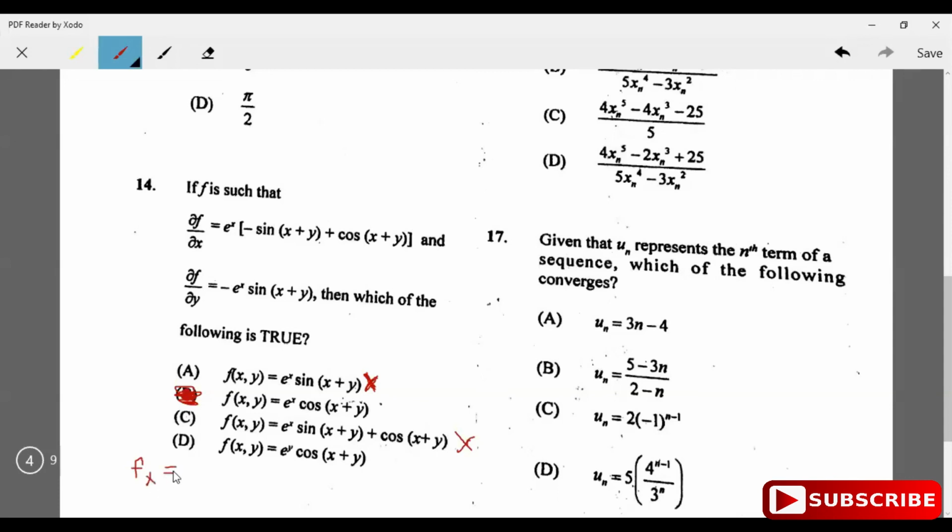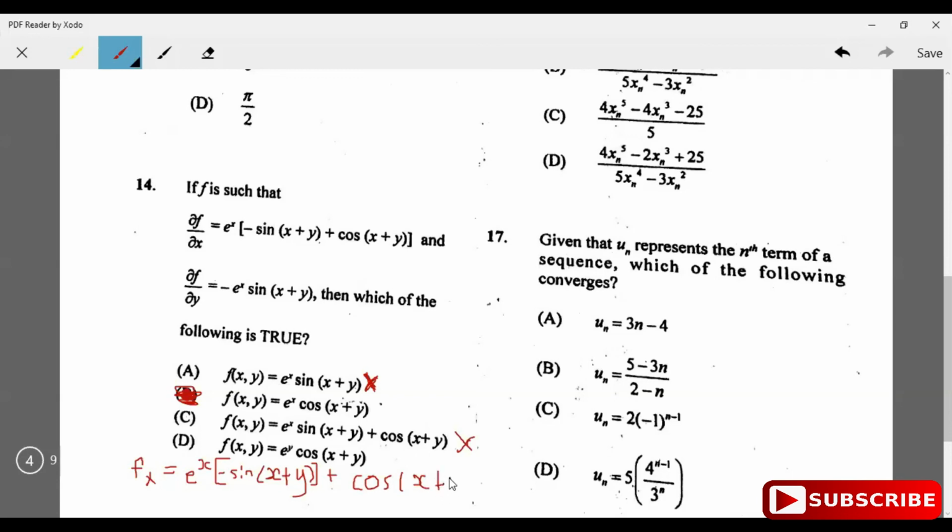Fx would be equal to, keep the first, which is e to the x, differentiate the second: we differentiate cosine, we get minus sine of x plus y, plus we keep the second, cosine of x plus y, times the differential of the first.